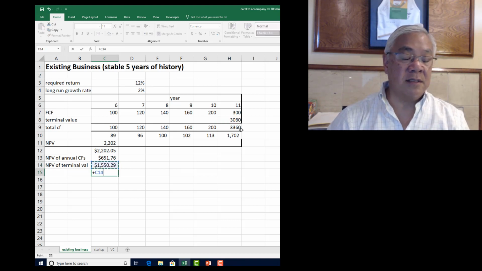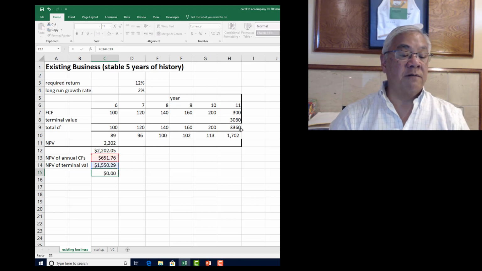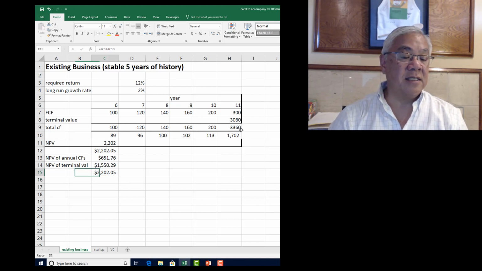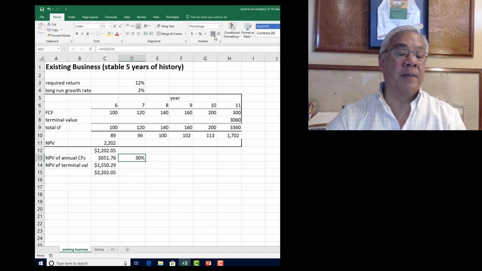So the sum of the cash flow from running the company plus the cash flow from the terminal value equals the net present value. So this had to equal, but what this does is it tells us what's the composition. So 651 divided by 2200 is, stated as a percent, roughly 30% of the value comes from running the business.